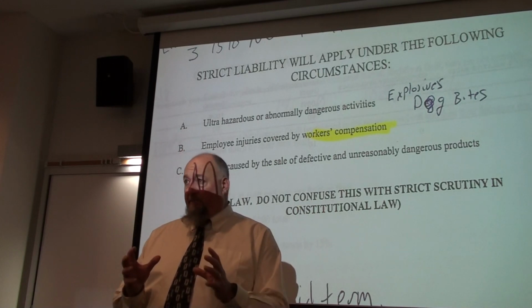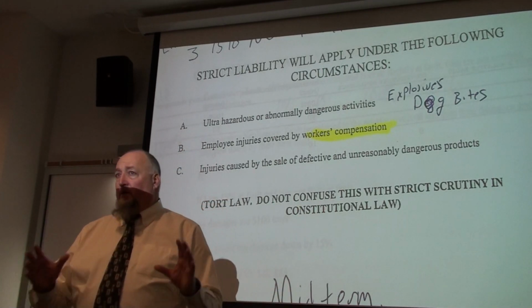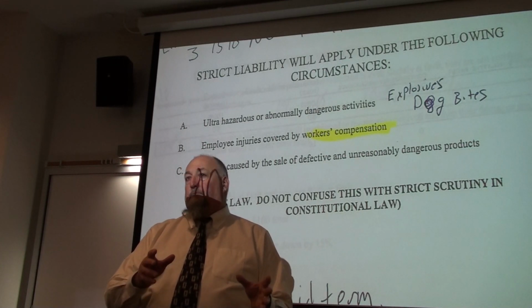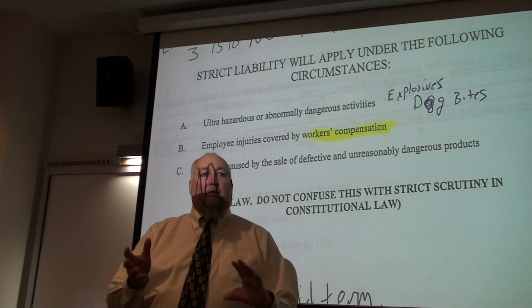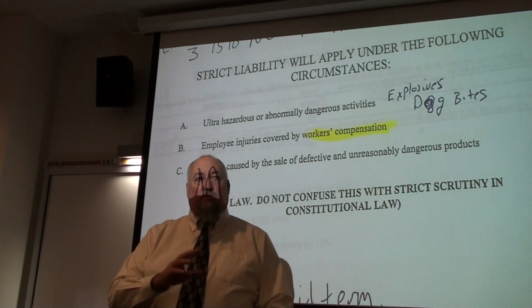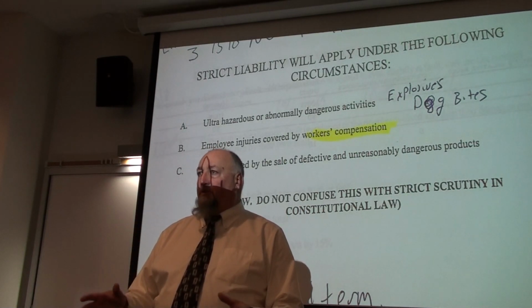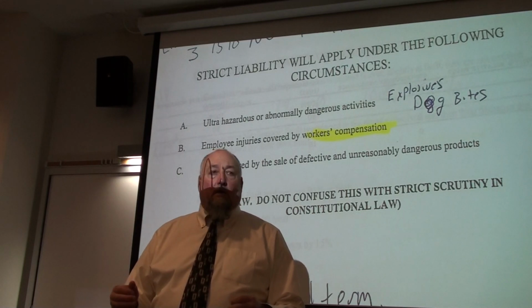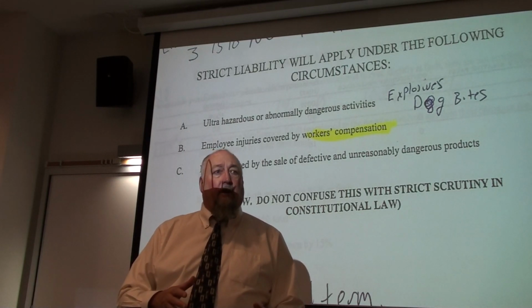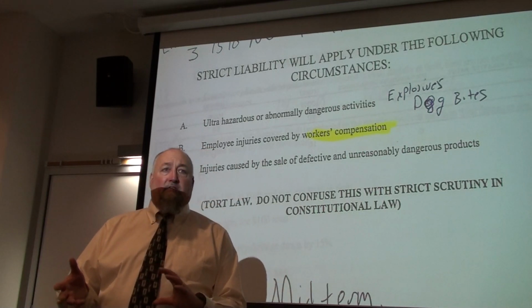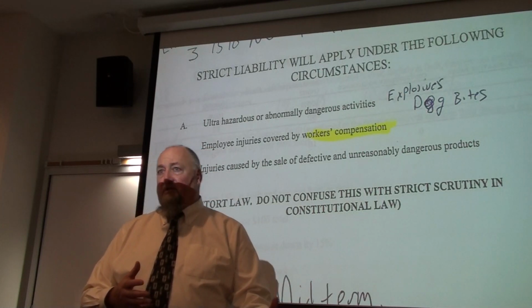Now, typically, products liability applies to a defective product, not to a product that may cause an injury. So for example, we see a lot of product liability type strict liability claims argued against handgun or other firearm manufacturers. If you have a defective firearm, obviously that's going to fall into this category.